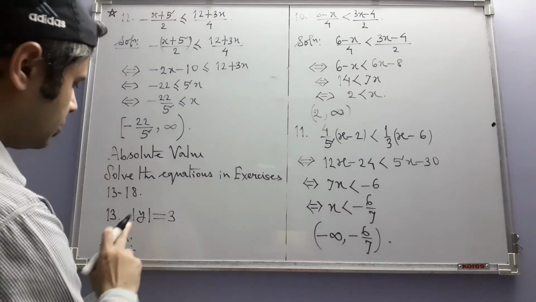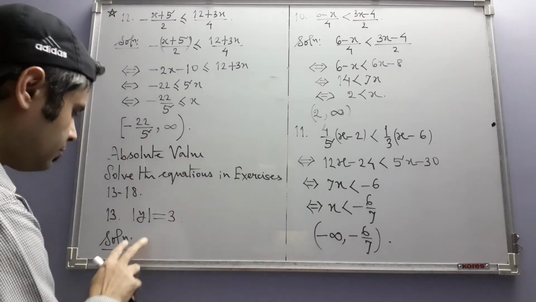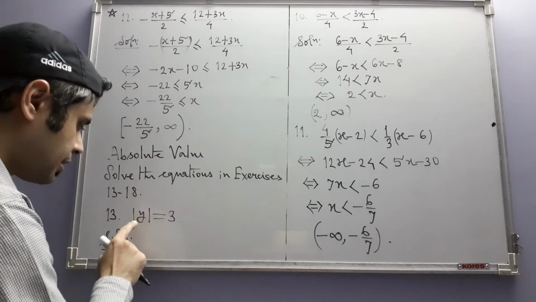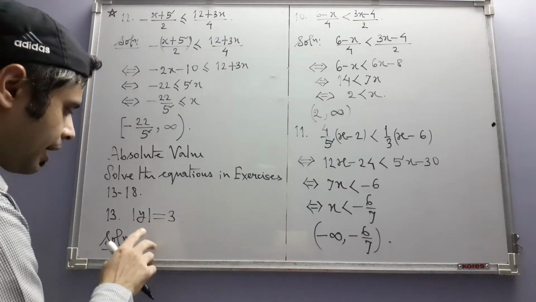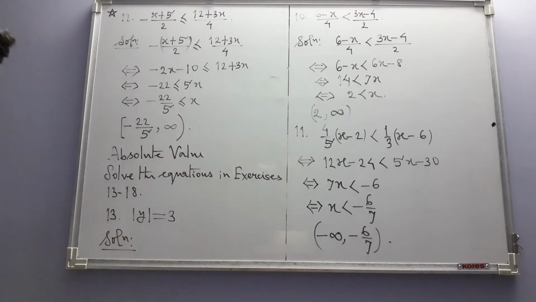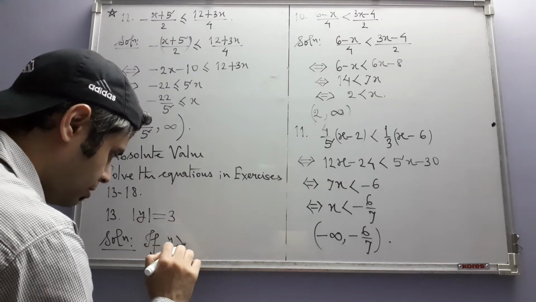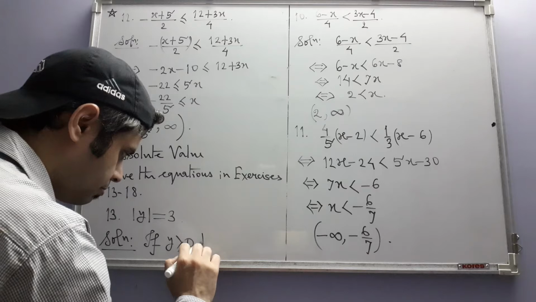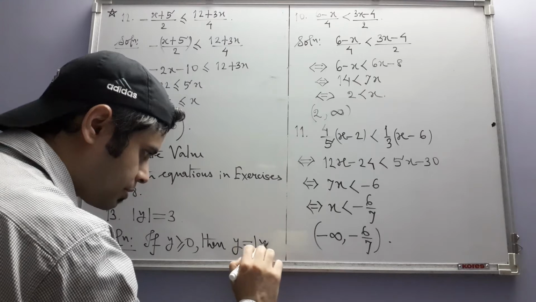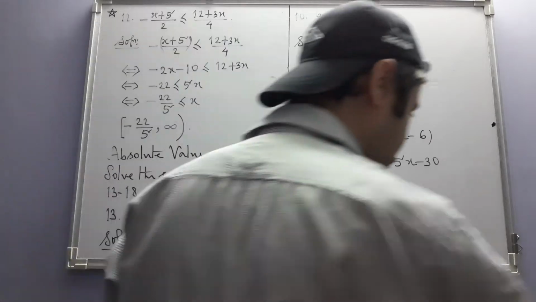So we know that when we have absolute value of something, the argument inside, y alone, can either be non-negative or negative. As a real number, it is either non-negative or negative. If y is greater than or equal to 0, then y is equal to absolute value of y by the definition of absolute value, and that is equal to 3.